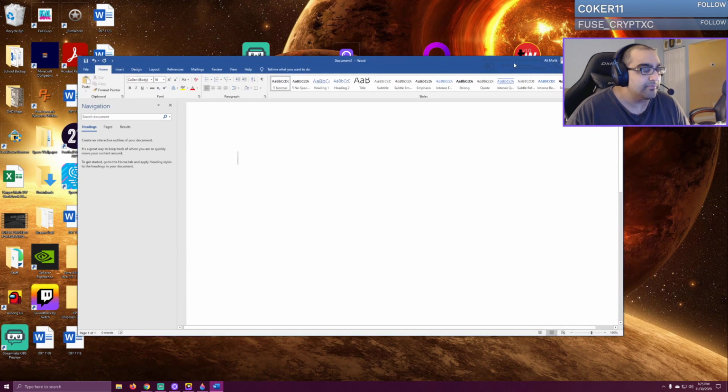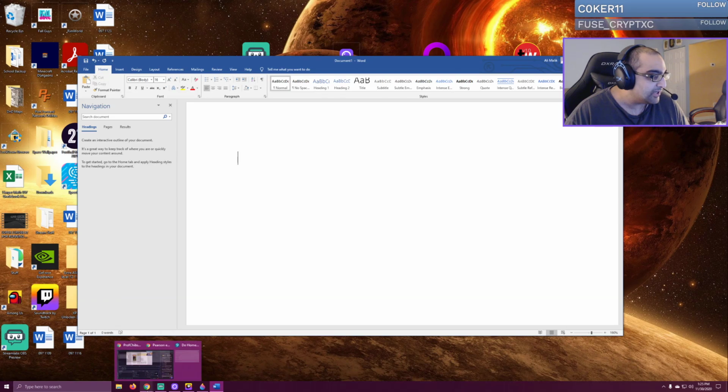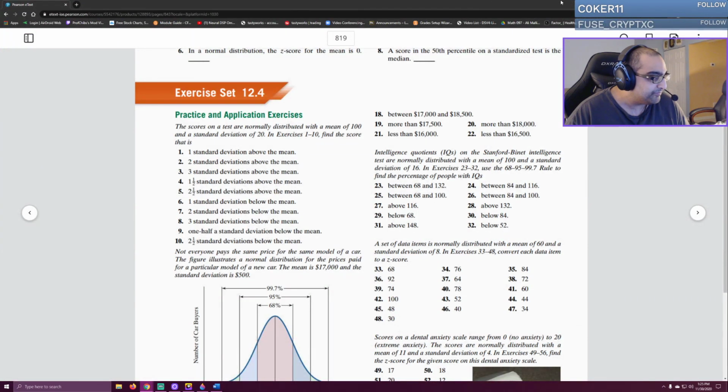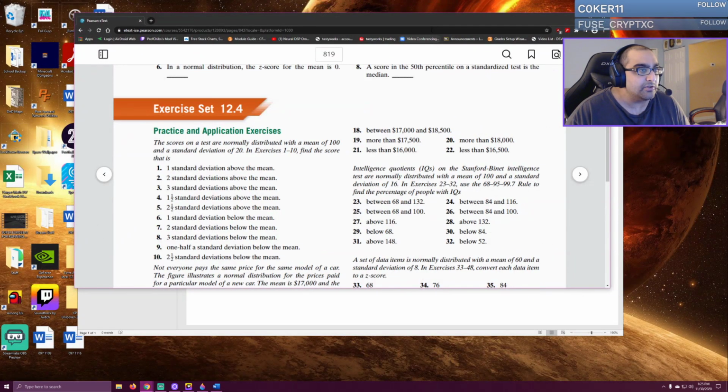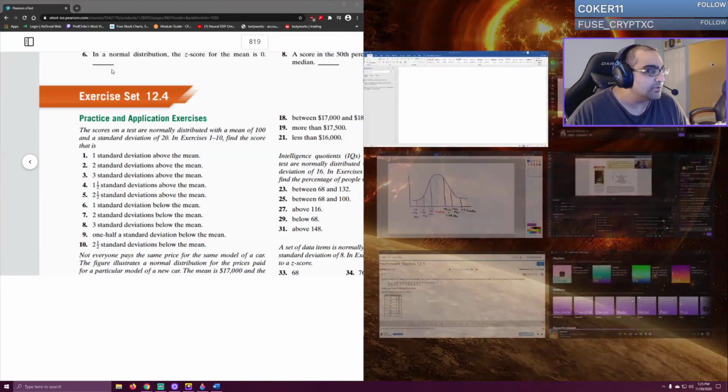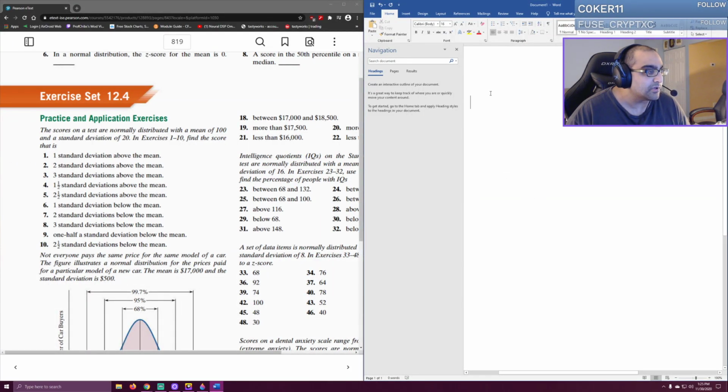So the way we want to figure this out, specifically in an example like this, is we're going to do this first. Notice that in our example number 4, we have 1.5 standard deviations above the mean.